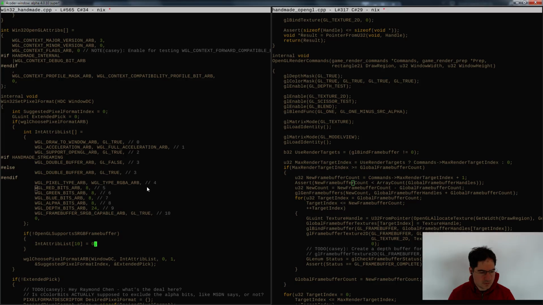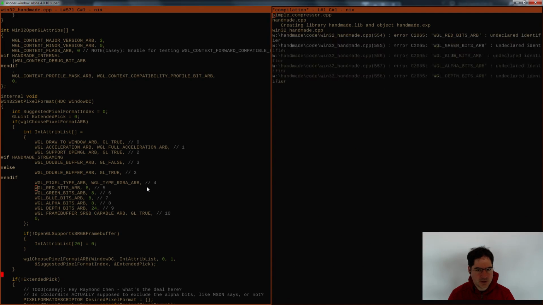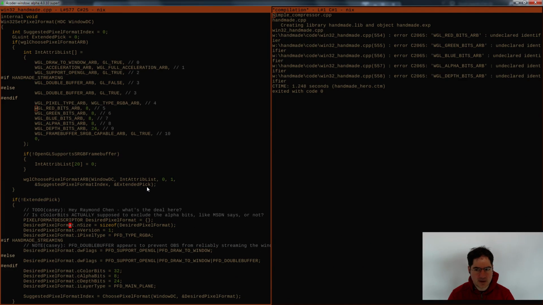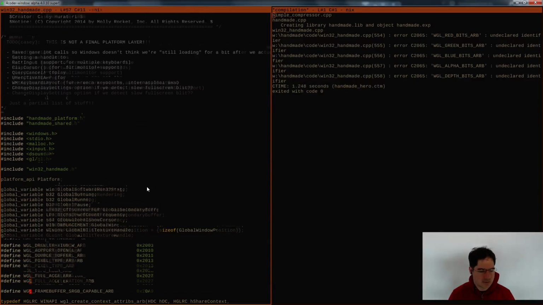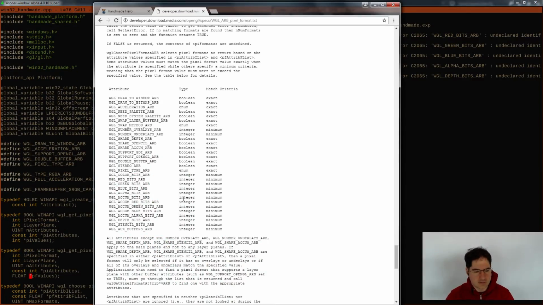So now we should be able to say knock out number 20 if we're not going to specify that if it doesn't support sRGB. And in theory now we should be specifying in both cases the information we need to specify in order to get those buffers.